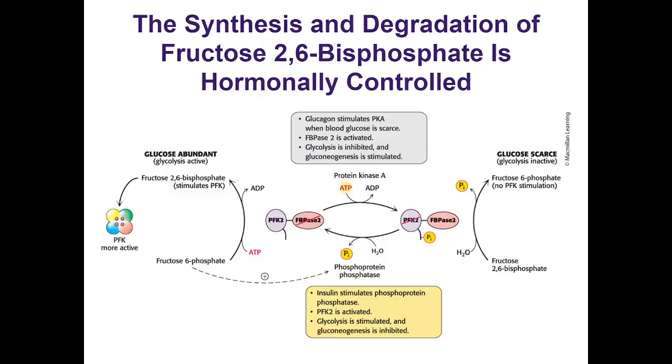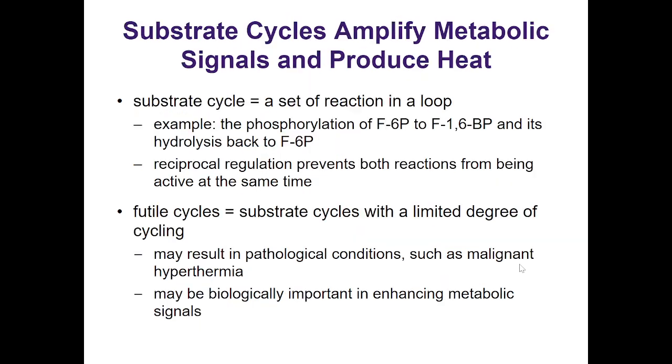Keep in mind, even though it wasn't presented as a loop right here, that reaction is a loop in and of itself. Everybody see that? This is this down here, right? This one's this one over here, isn't it? And so that was its own cycle, its own loop. Okay. The reciprocal regulation is going to prevent both reactions from being active at the same time.